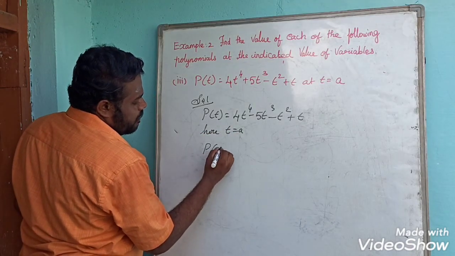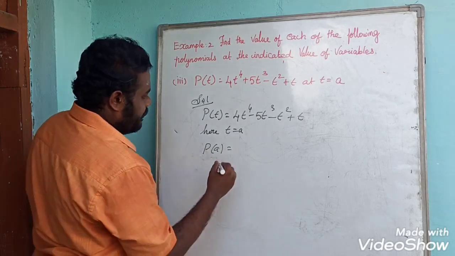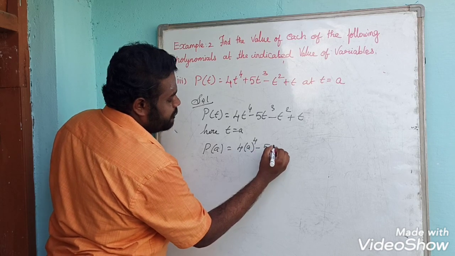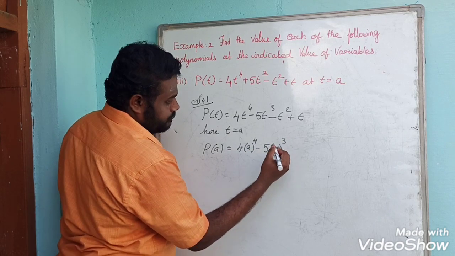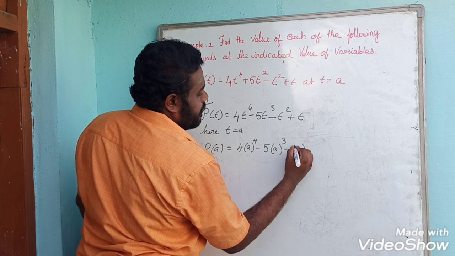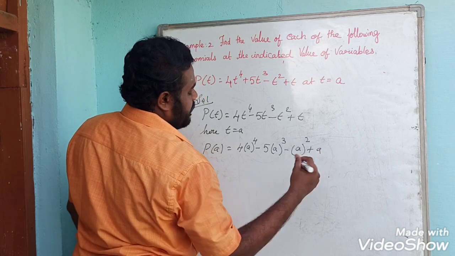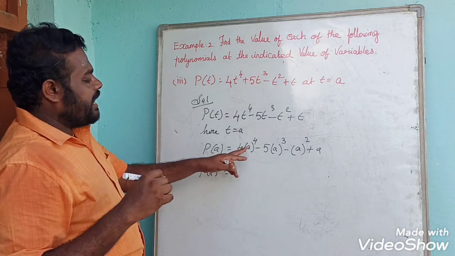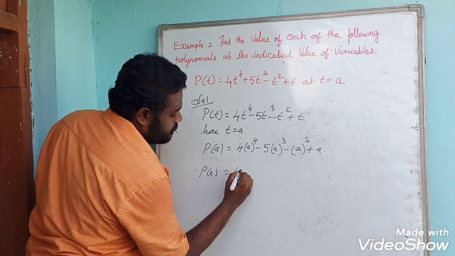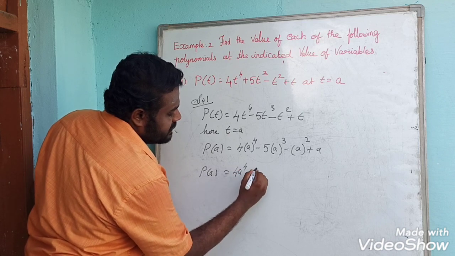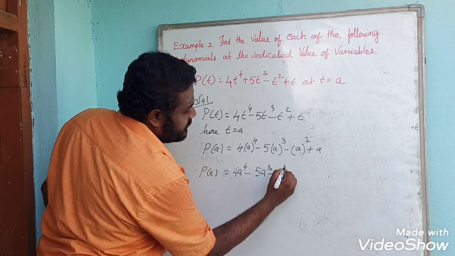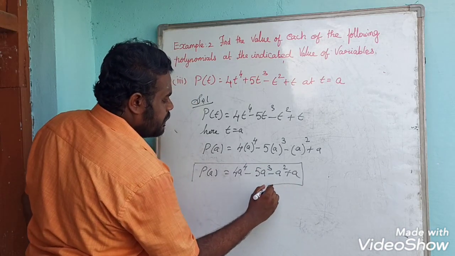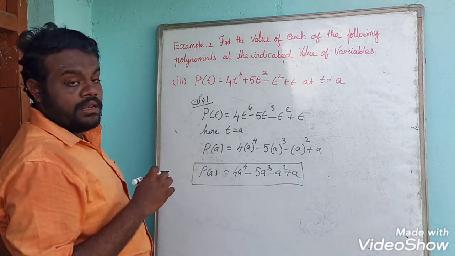So the value of p of a is nothing but 4 into a whole power 4 minus 5 a whole power 3 minus a whole power 2 plus a. So p of a equals 4a power 4 minus 5a cube minus a square plus a. So instead of t, the whole expression turns into the variable a.